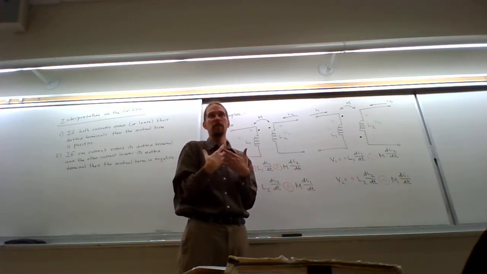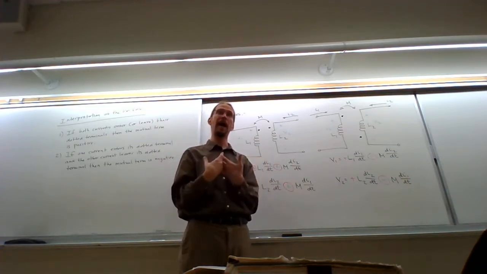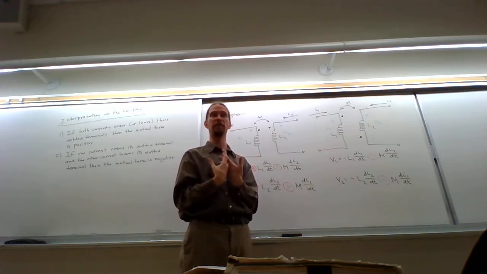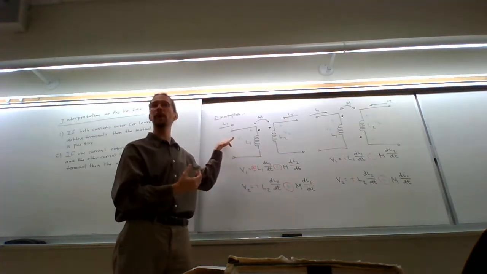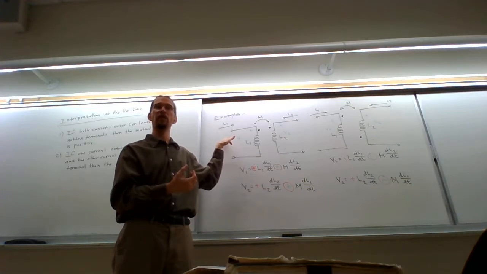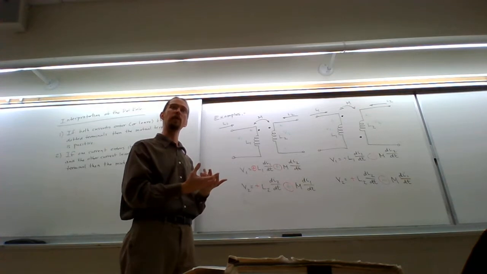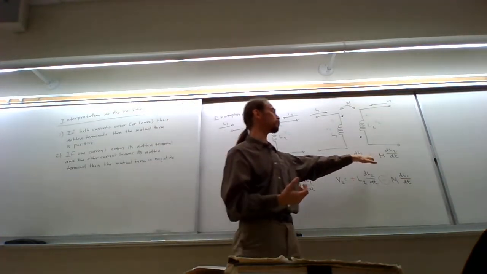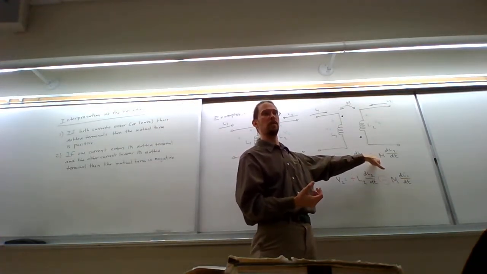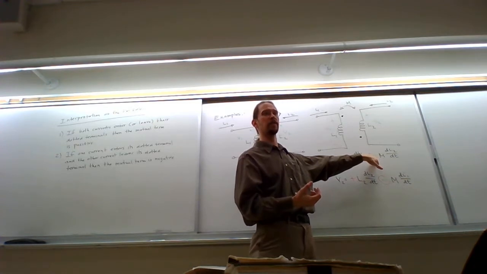It's too much information to actually be giving. So they summarize how these coils are actually wound, how they're physically constructed, by telling you where the dots are. And the dots are set in such a way that you can determine what the sign on the mutual term will be if you actually have these currents entering and leaving.